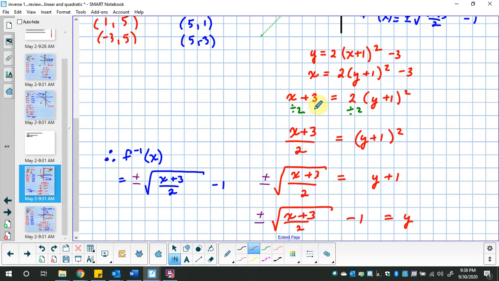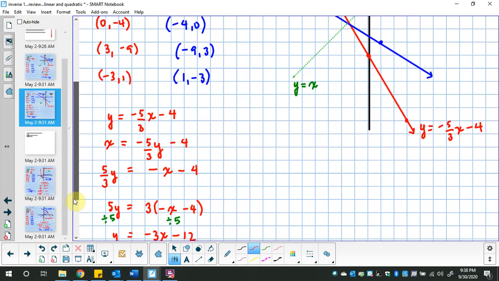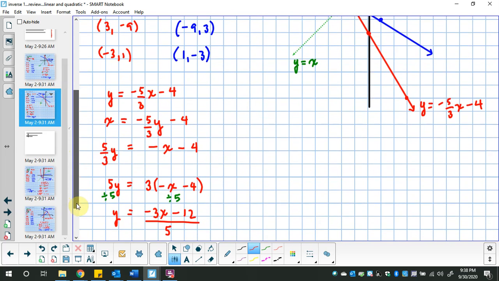No biggie. We know that the opposite of squaring is plus minus square rooting. We know that the opposite of addition is subtraction. Even when I look at the fraction example, we knew that the opposite of dividing was timesing.